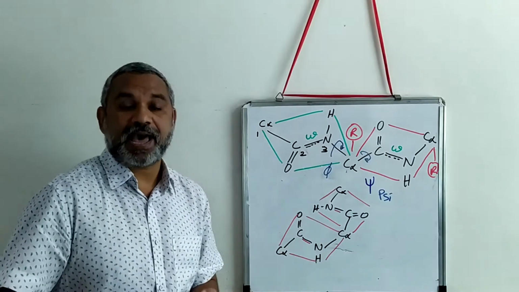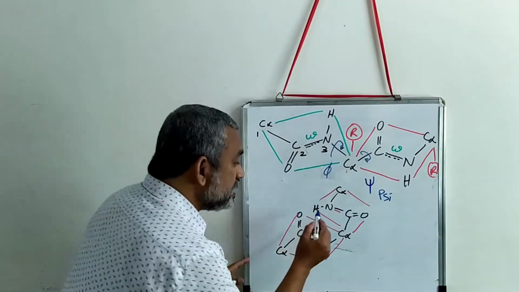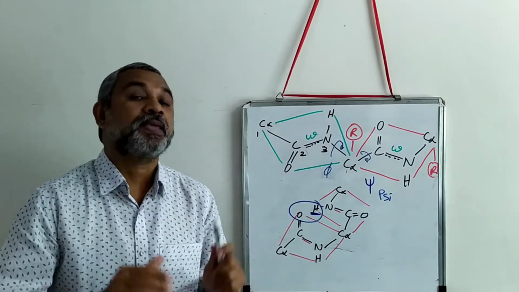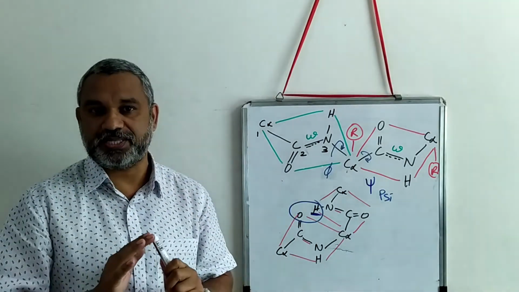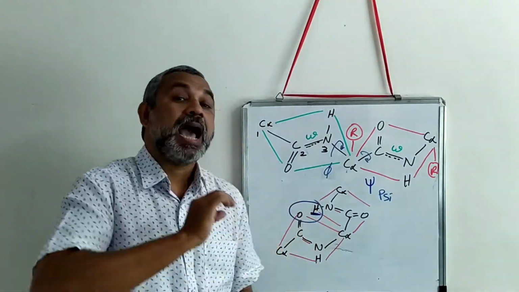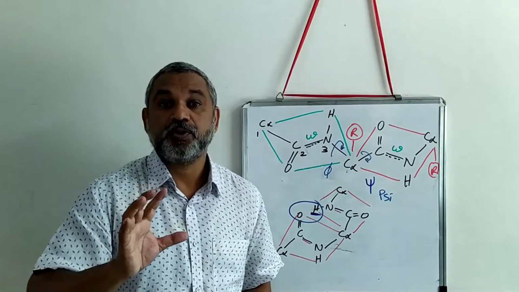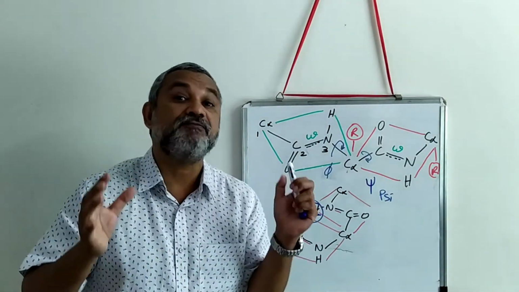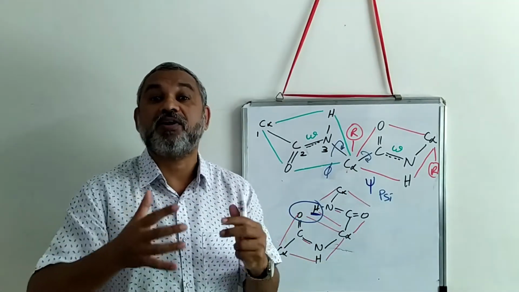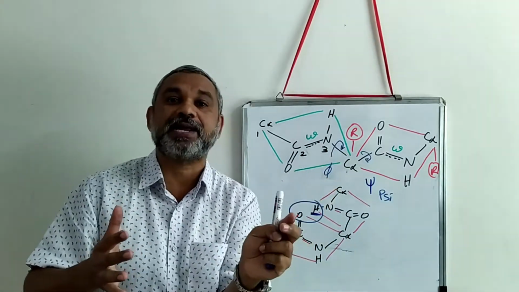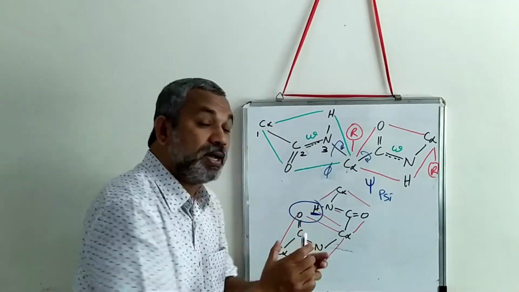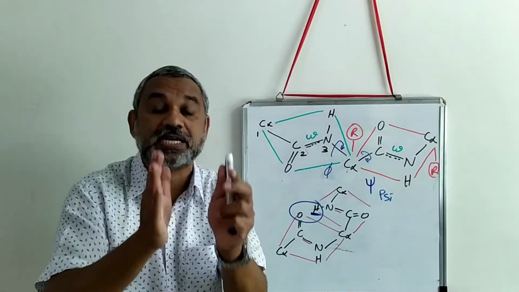It also shows that this hydrogen and this oxygen of the carbonyl carbon have come so close together. The atomic radii of the oxygen and the hydrogen will not allow them to come together. Because of the van der Waals interactions, there is going to be an attraction and a repulsion that will allow these two atoms to come only up to a certain distance.